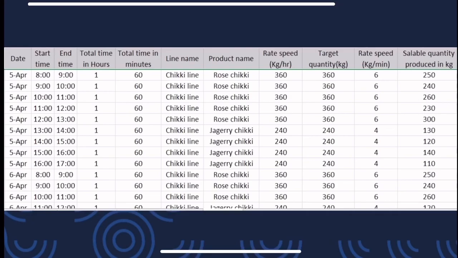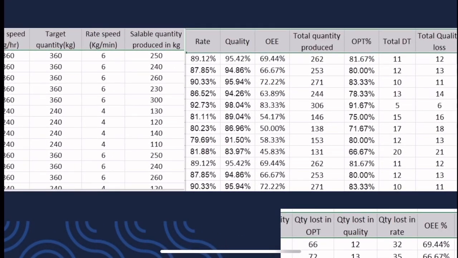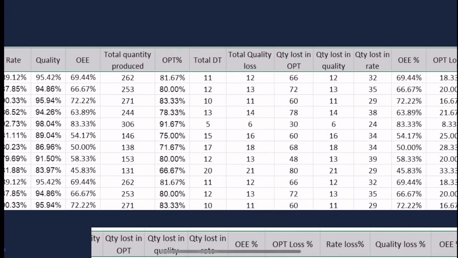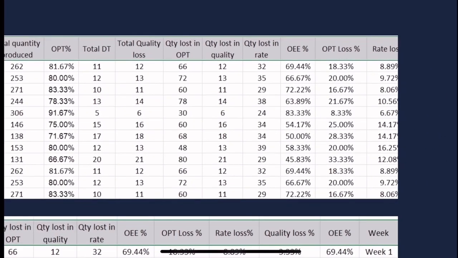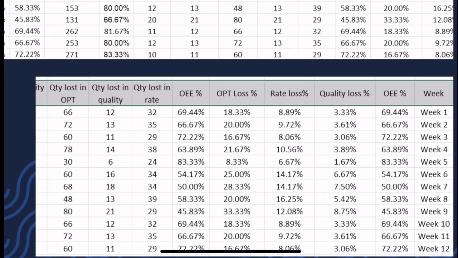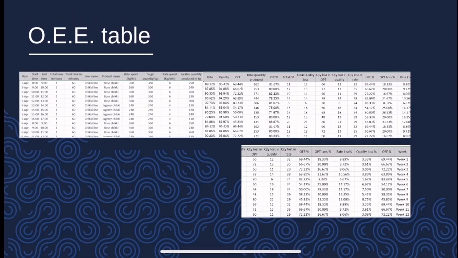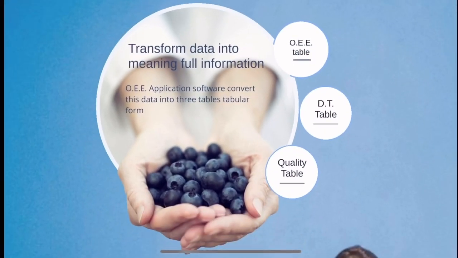It shows the date, start time, end time, OPT percentage, rate percentage, quality percentage, OEE percentage, the quantity lost due to rate, the quantity lost due to OPT, OPT loss percentage, rate loss percentage, and OEE loss percentage. This information can be further pivoted or analyzed in Excel by different means. This is one of the transformation tables coming from the OEE database.